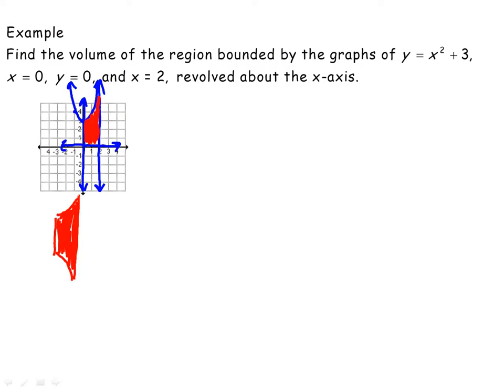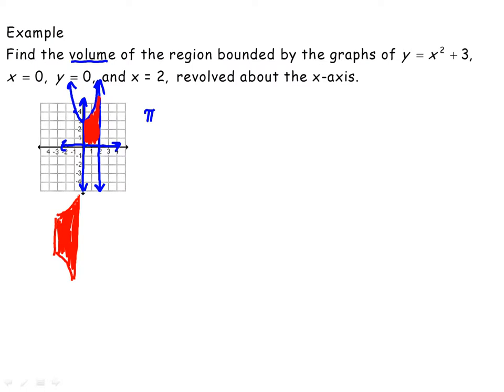Okay, so revolved about the x-axis. Do you have it set up? You should already have it set up. So let's bring our pi out. How do I know which formula to use? If it says volume, you have pi r squared. If it says volume and it says disk, you have pi r squared. Okay?